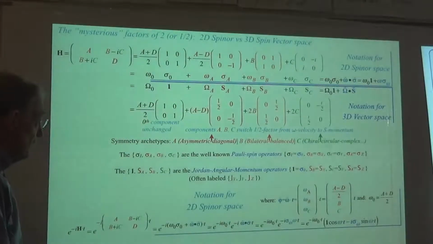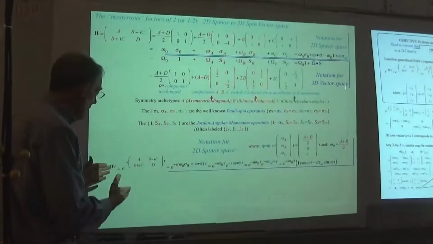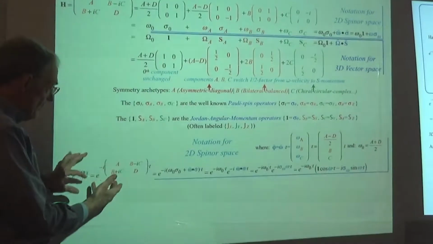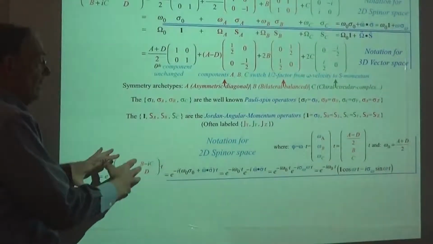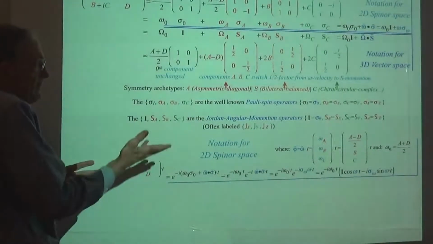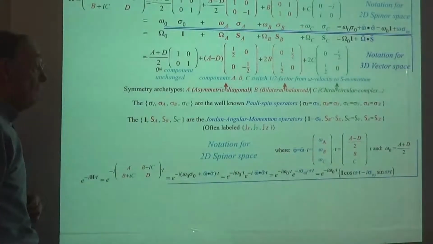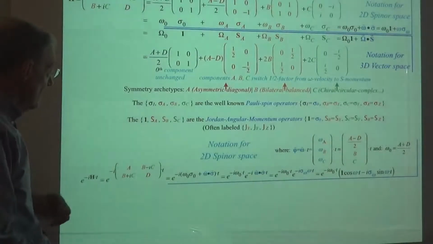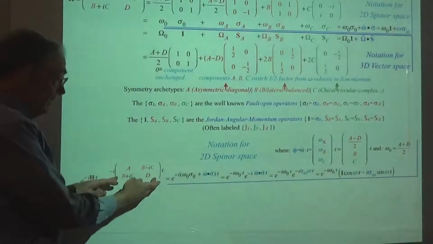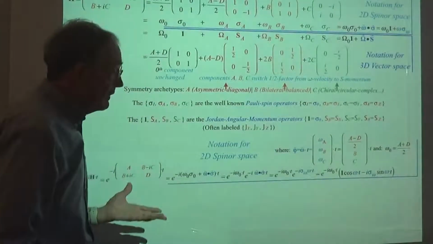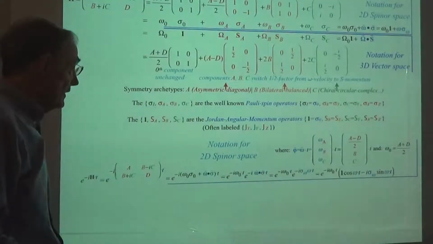So let's look at the notation. The idea was to very quickly be able to write this thing, this e to a matrix, out as a matrix. And we've succeeded in doing that. That's what's going to happen here. e to the minus iHt is going to come out to be a linear combination of these things. That's the crazy theorem, really, right there.